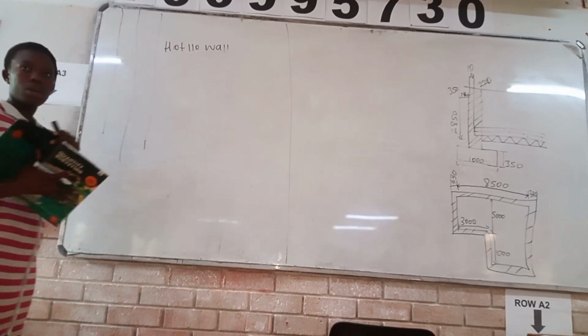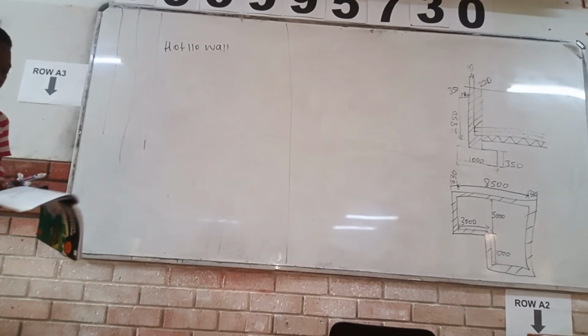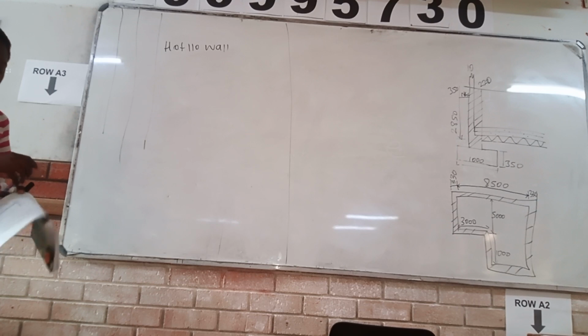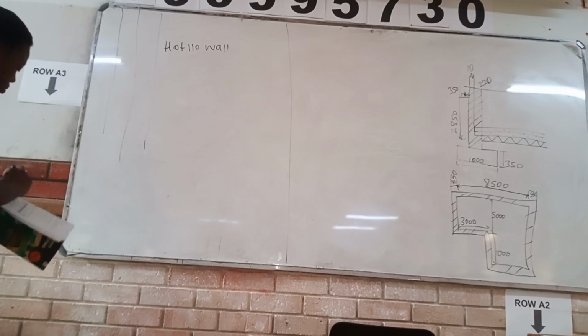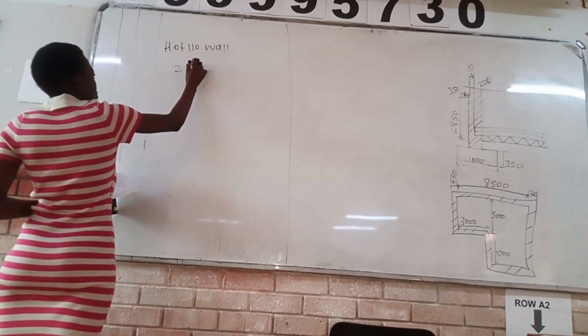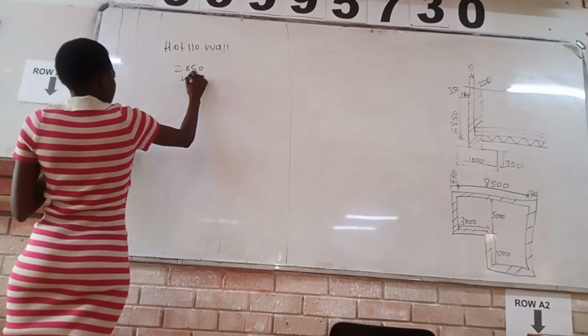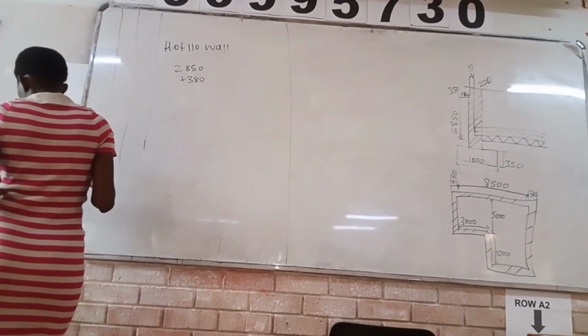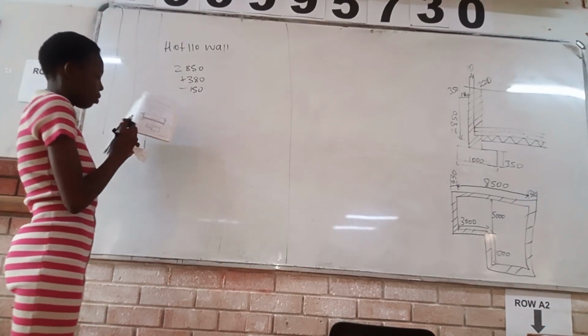So the height of the 110 wall is 2850 plus 38 plus 38 minus 150 minus 150.